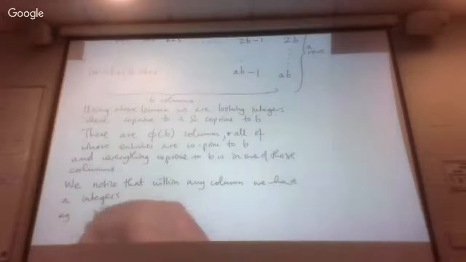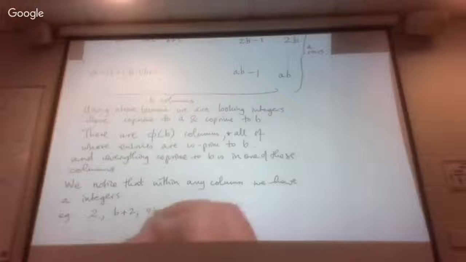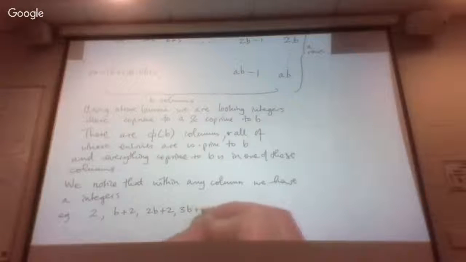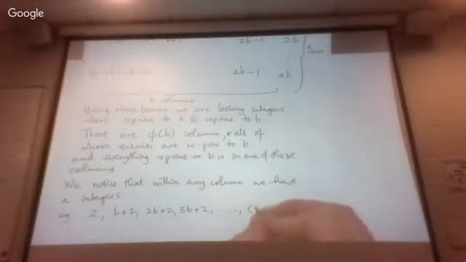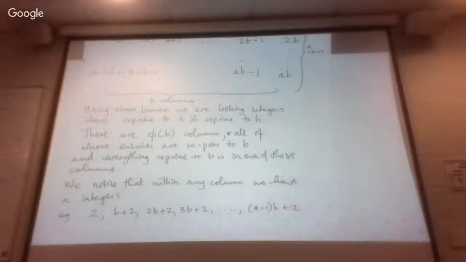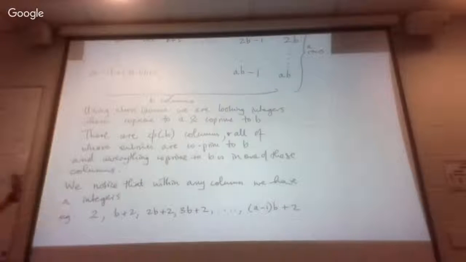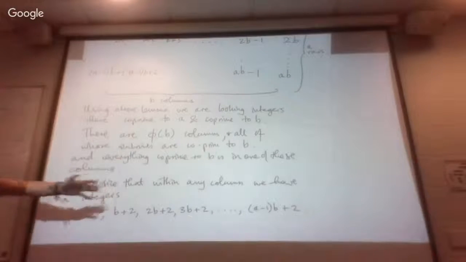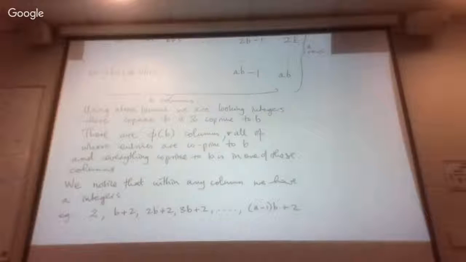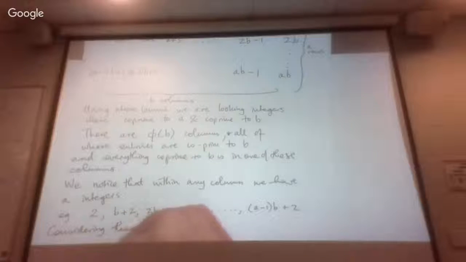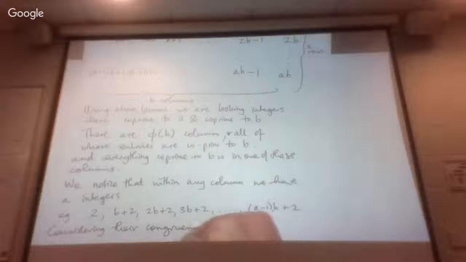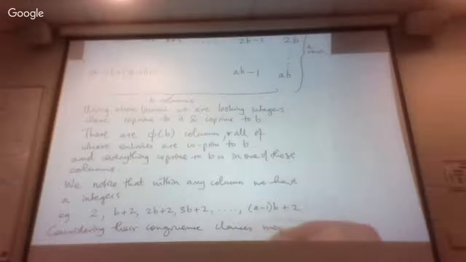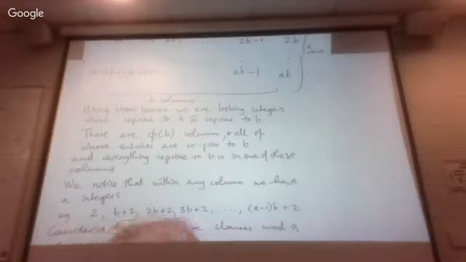E.g., in the second column, you've got 2, b plus 2, 2b plus 2, 3b plus 2, all the way up as far as a minus 1 times b plus 2. These are all congruent to 2 modulo b, but now we're considering them from an a viewpoint. So there are a integers, 0, 1, 2, 3, up as far as a minus 1. When you consider their congruence classes modulo a, we see they are all distinct.